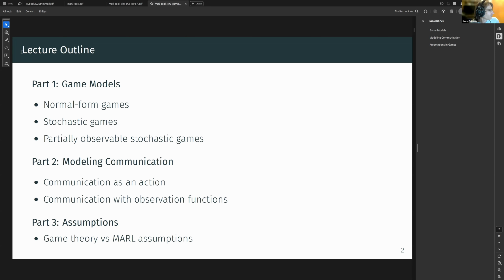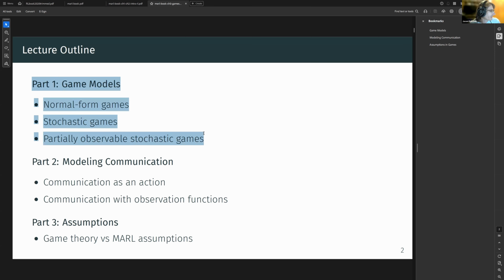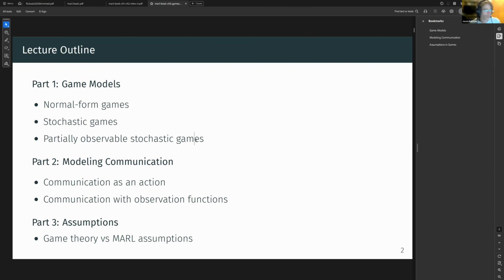But for this chapter, the main thing we're going to focus on is this section on game models. This is where we define the formal structure of the multi-agent problem, which is going to use game theory as a basis and then combine it with the Markov decision process framework.